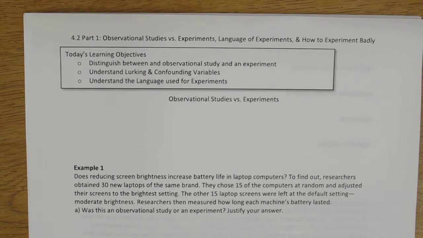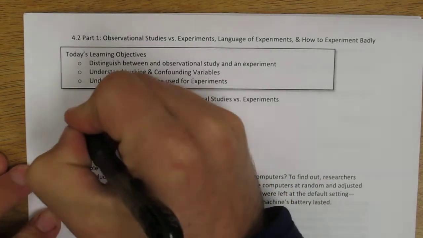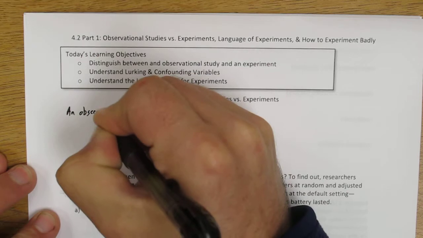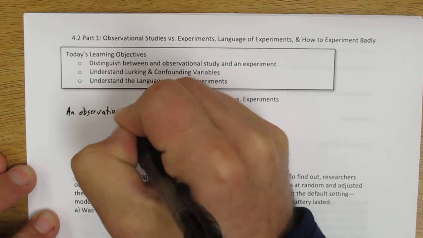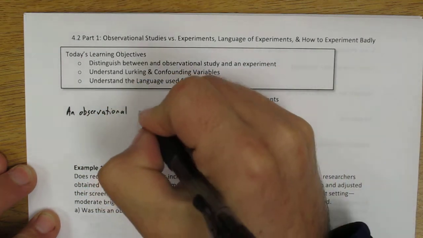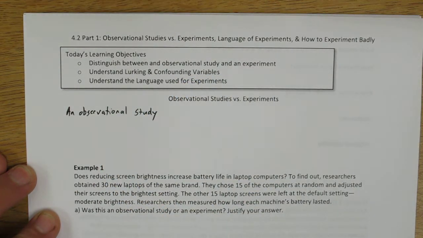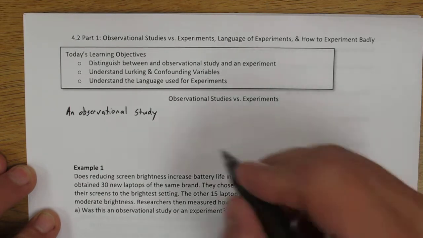Sample surveys are a type of observational study. The key with observational studies is, an observational study observes individuals and measures variables of interest, but does not attempt to influence the responses.